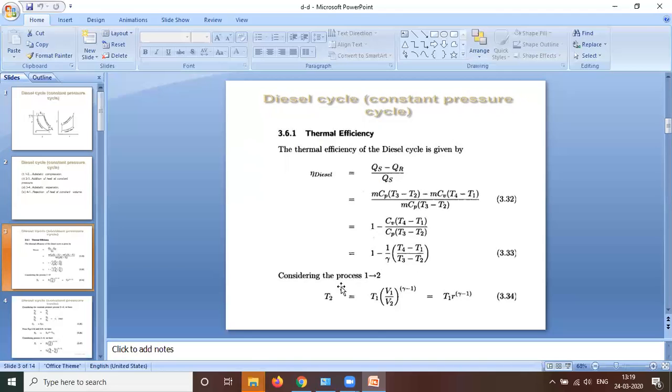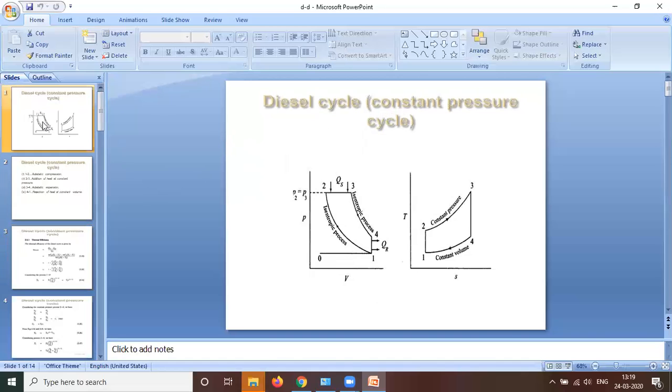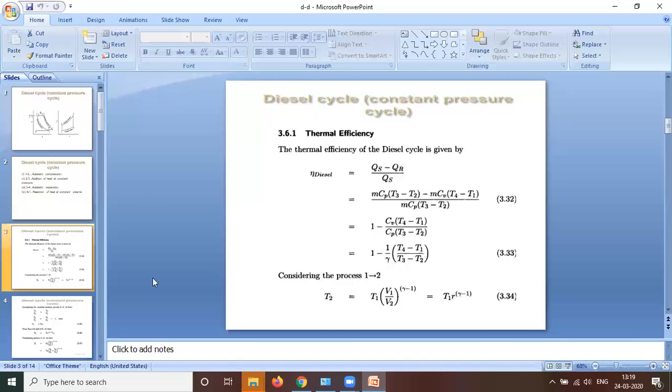Now we move to process 1-2, which is an isentropic process. That's why we have the relation T V^(gamma minus 1) constant, giving T2 equal to T1 (V1 by V2)^(gamma minus 1). And V1 by V2 is the compression ratio r, so T2 is T1 r^(gamma minus 1).